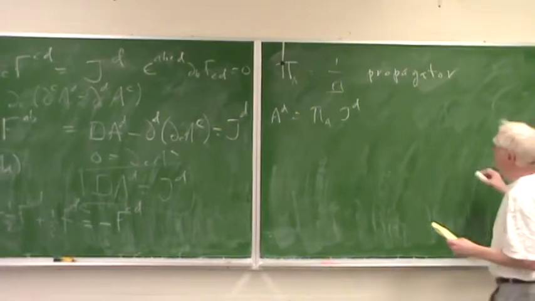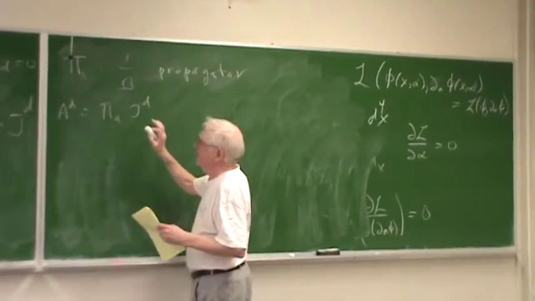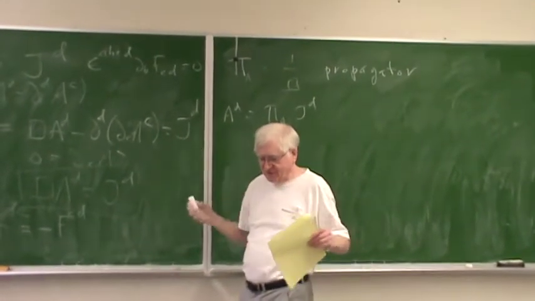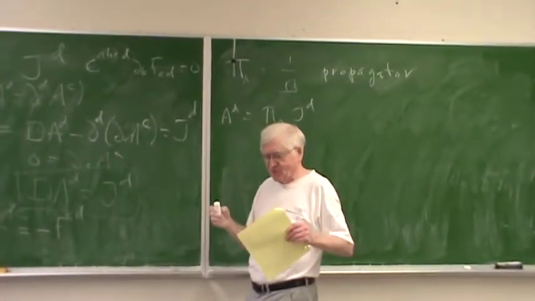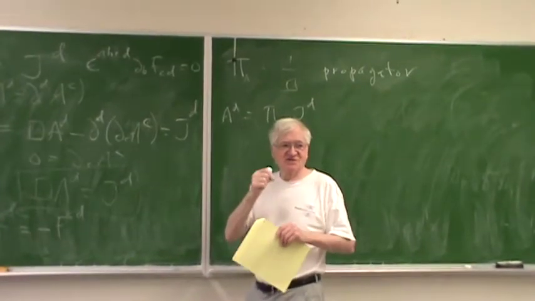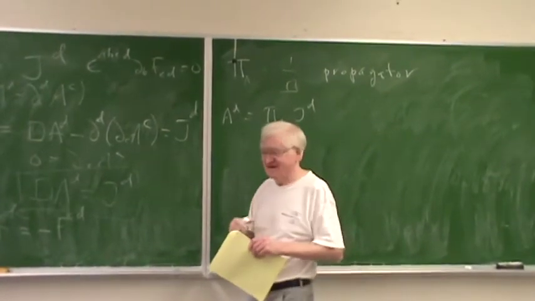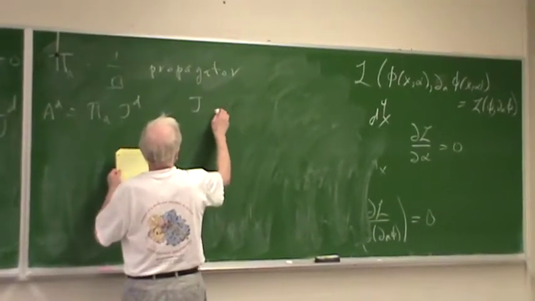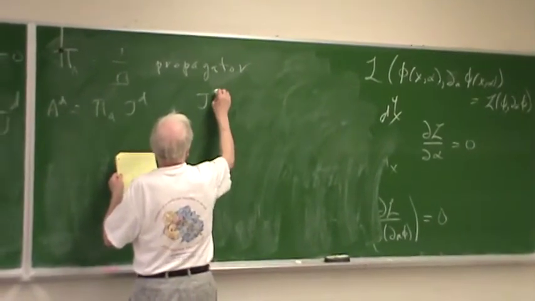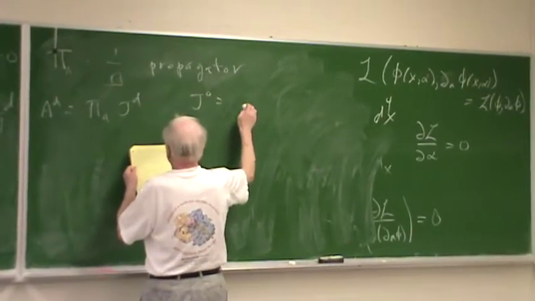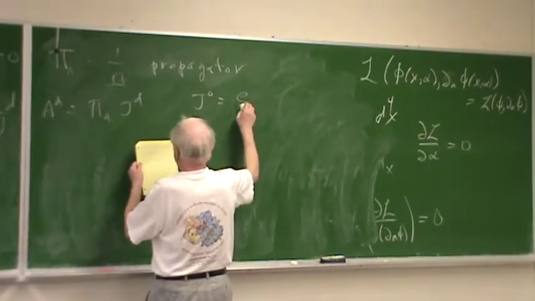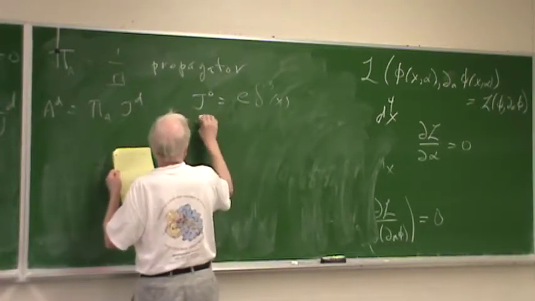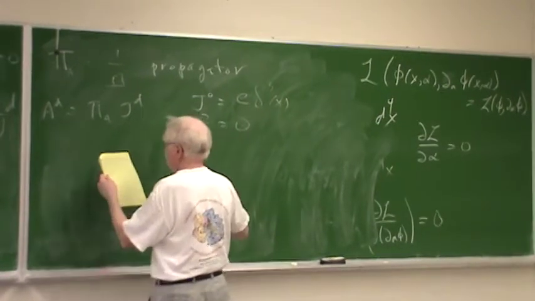All right, let's consider the simple case where the J mu is simply a charge that's lonely and so depressed that it's not even moving. It's just sitting at a particular place. So J 0 is e delta cubed of x, and J vector is 0.